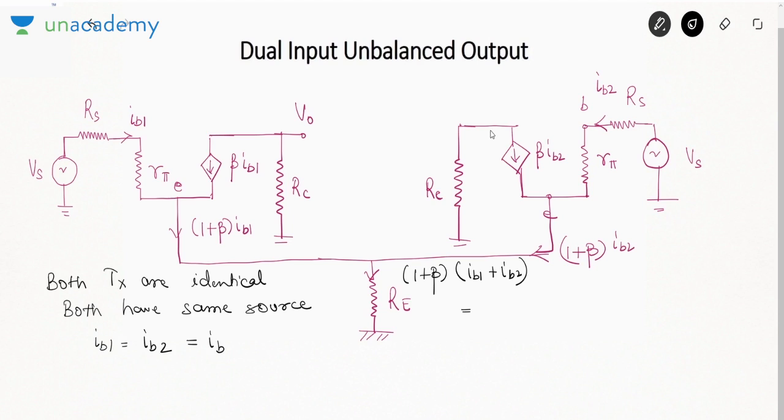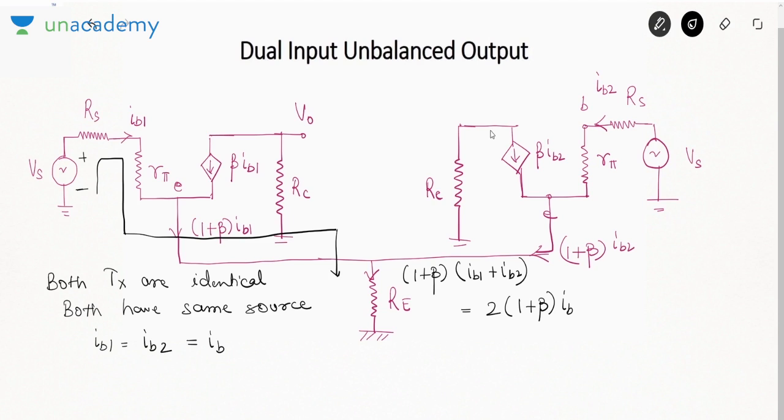So that means this current would be 2 into (1 plus beta) into IB. Because both transistors are identical, their supply is identical, so their currents would also be identical. Now if you want to find out this Vs, I will apply KVL like this.